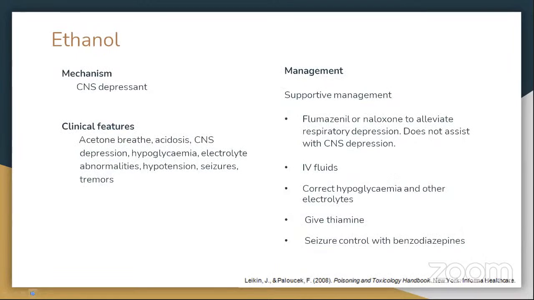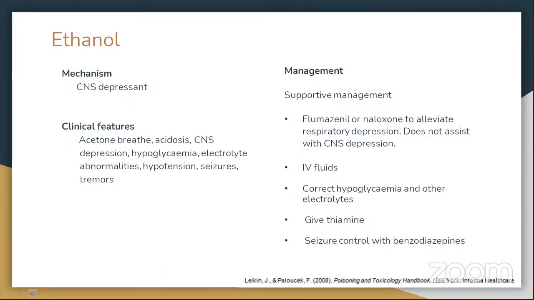Ethanol: the mechanism is a CNS depressant, it's a respiratory depressant. Clinical features of ethanol ingestion: your acetone breath, acidosis, CNS depression, and hypoglycemia is something that we should always think of. Electrolyte abnormalities, hypertension, seizures, tremors.